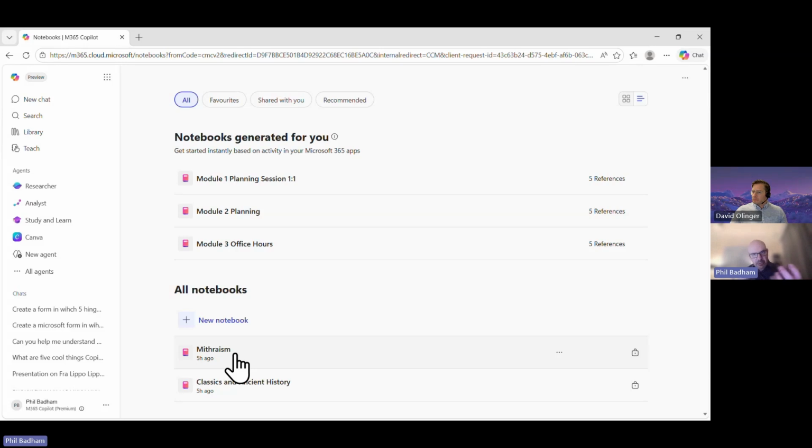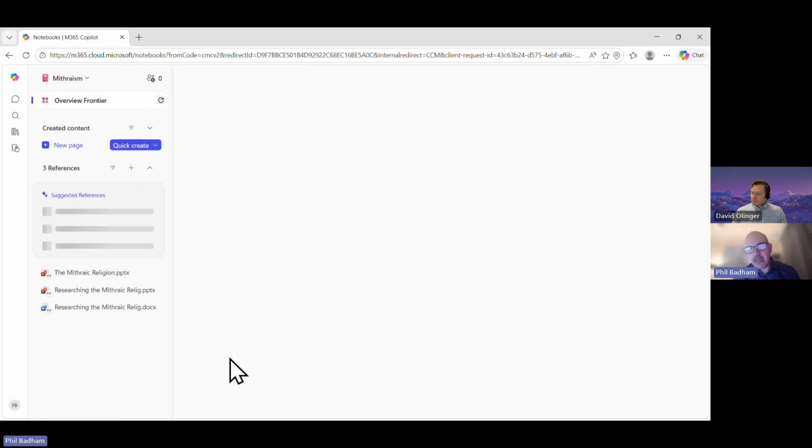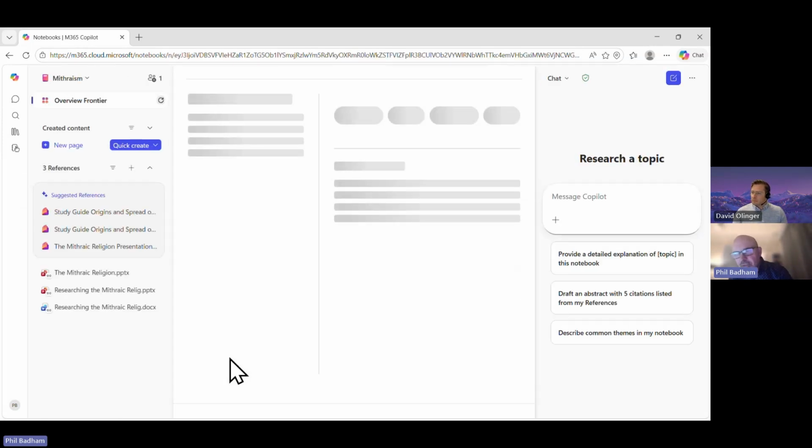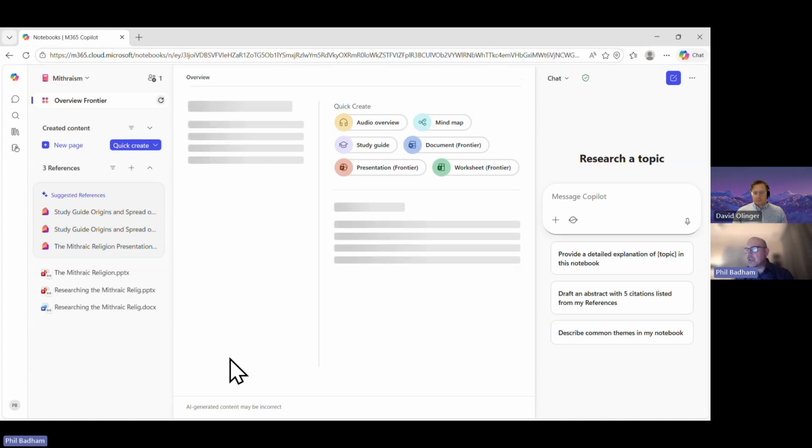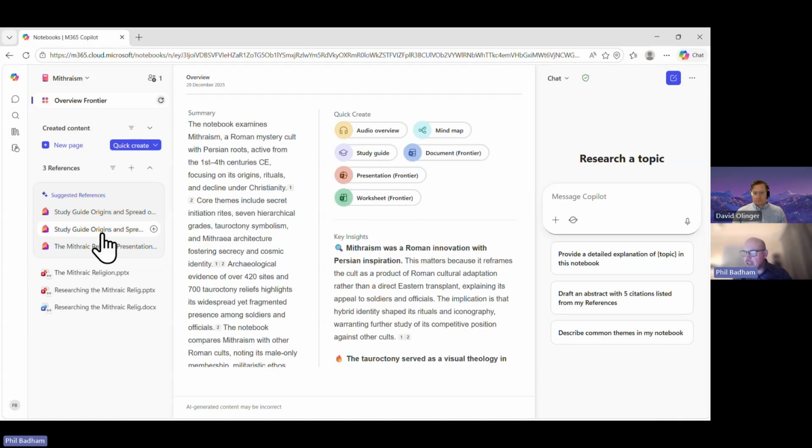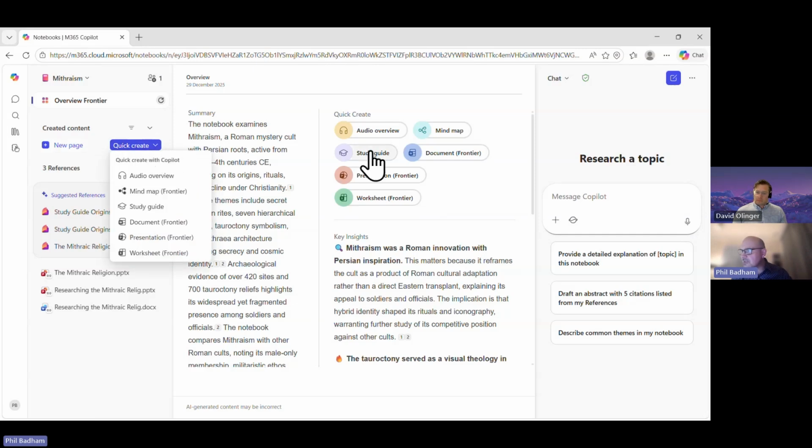These notebooks will contain different bits of information that have been structured together. So if I've been teaching about a particular religion from Roman times, you can see there that I've got a collection of different references that I could use, as well as PowerPoints and other documents that form this notebook, this collection of content.